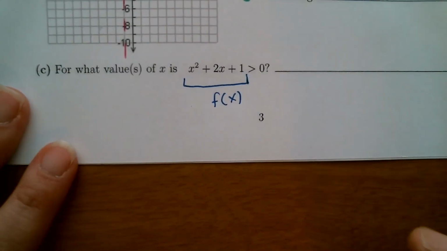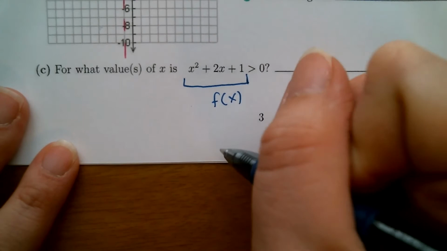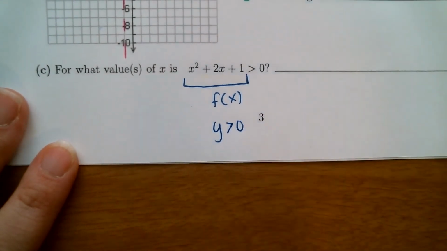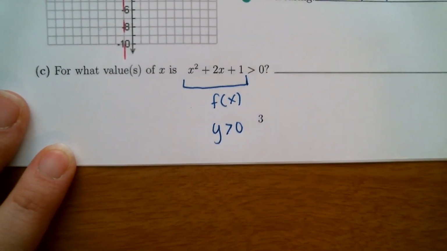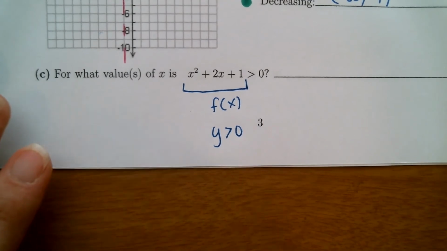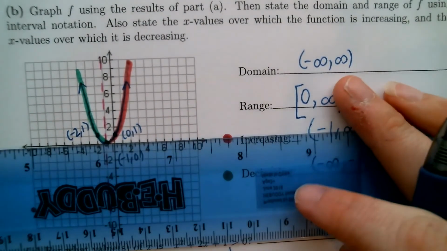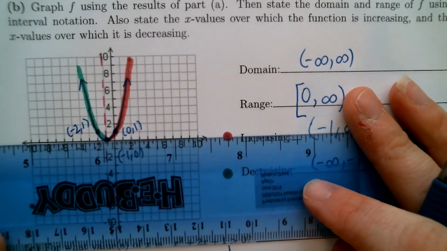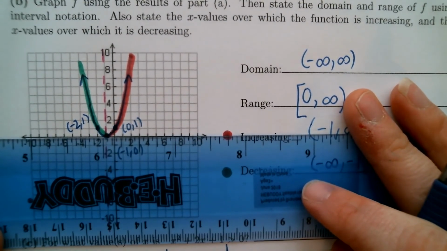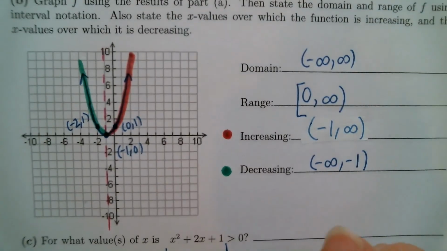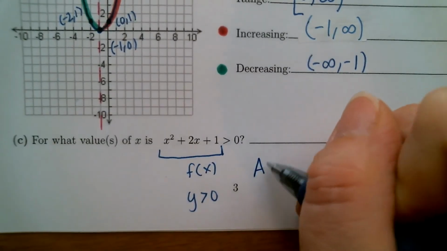So this question is really asking, where are the y values bigger than 0? So where do you have positive y values? And we know that we have positive y values when we are above the x-axis. So we want to be above the x-axis here.